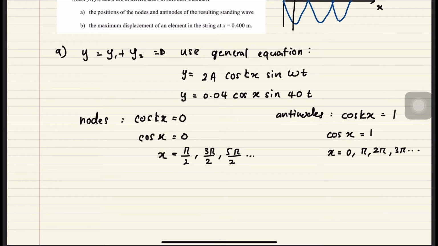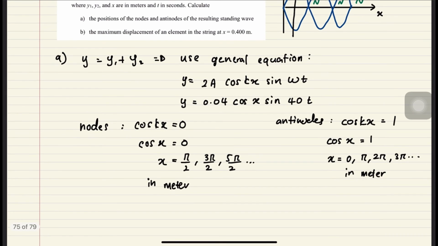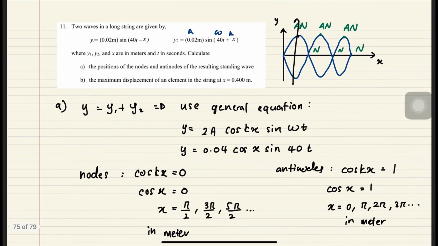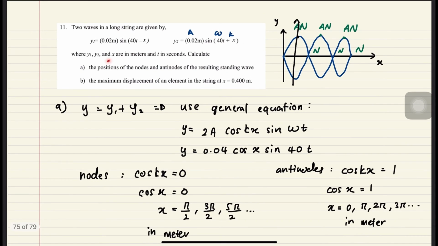And this will be in meters, and this will be in meters as well. The position x will be in meters, because you can read back over here where x is in meters and t in seconds.